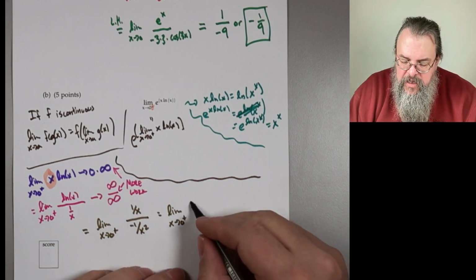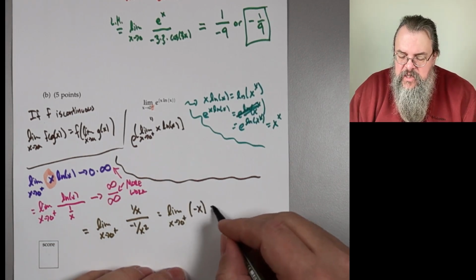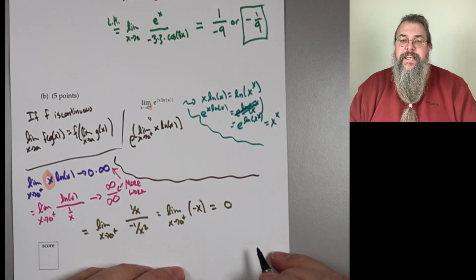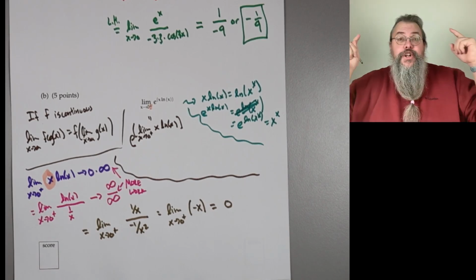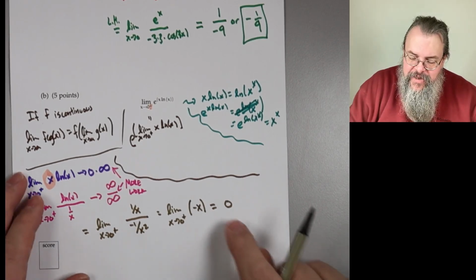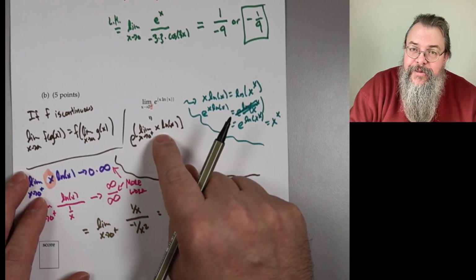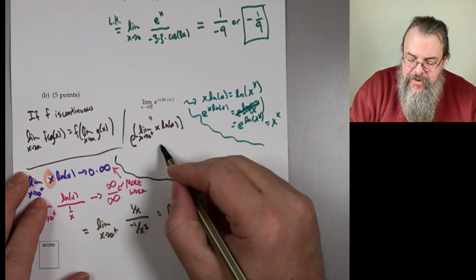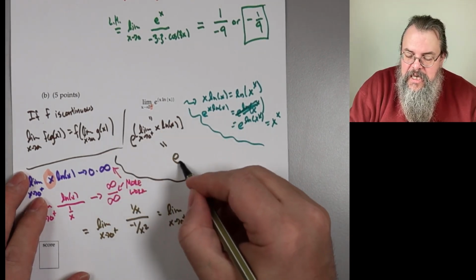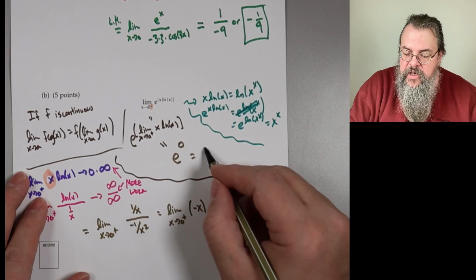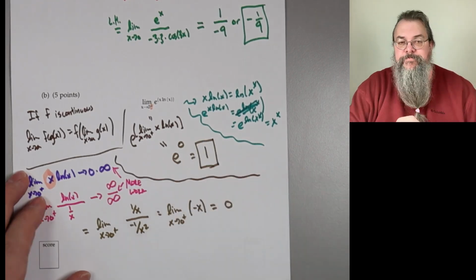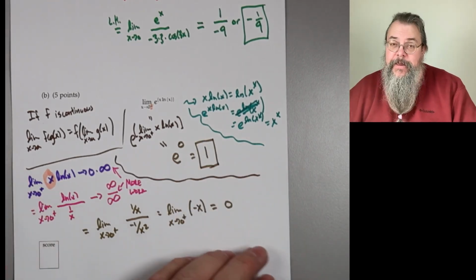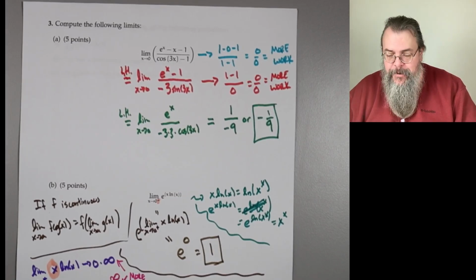And so really, negative x, which is 0. I'm like, yes, is that our answer? No. Why not? Because that's this piece. So our answer is really e to the 0, which is 1. And there we go. Number 3, we are done with you.